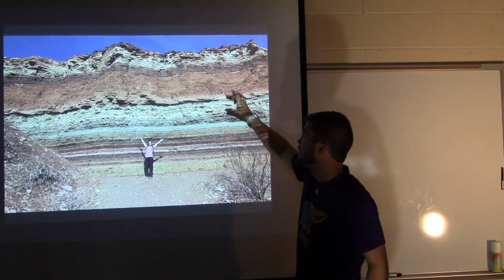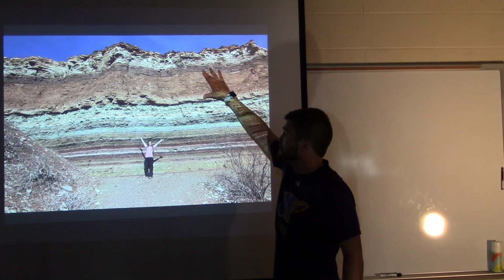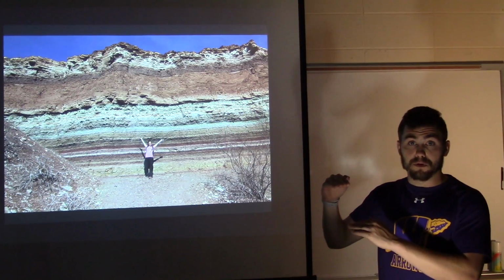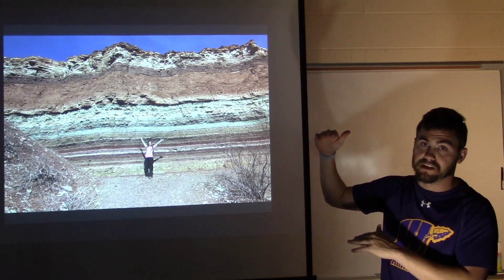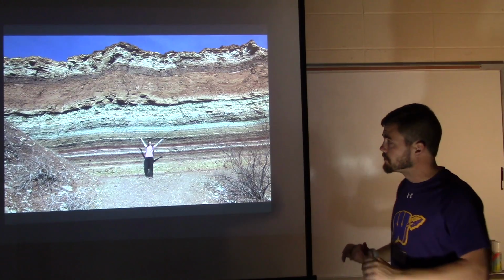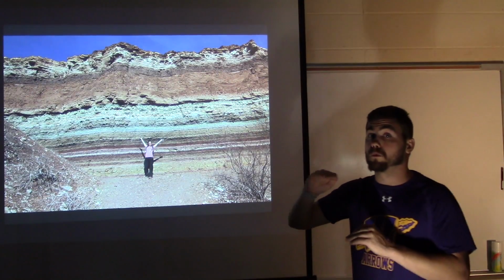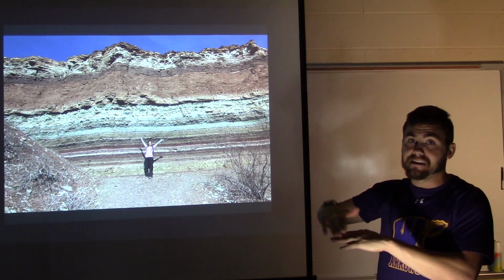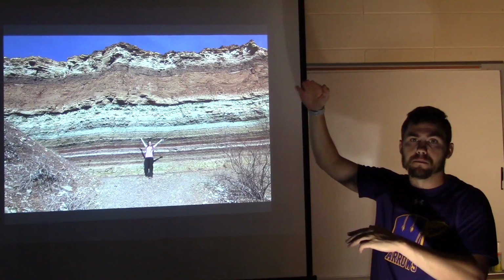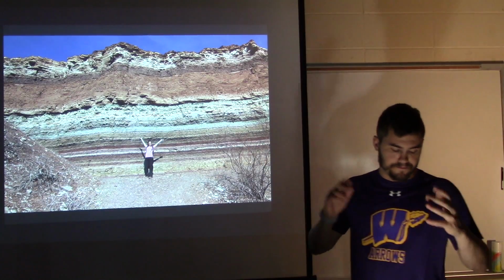It either means that whatever was going on to form this layer stayed stable, so the environment did not change for an incredibly long period of time. Or what's also possible, we don't know just by looking, is that maybe it wasn't stable for a very long time, but for some reason, the rate of deposition during that time was just much, much greater than it was in all these other layers.